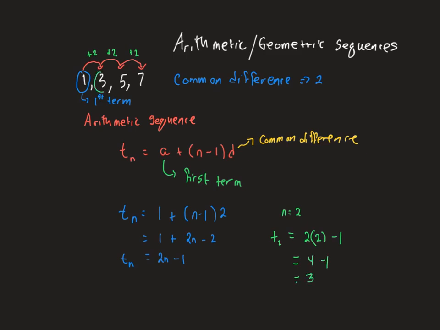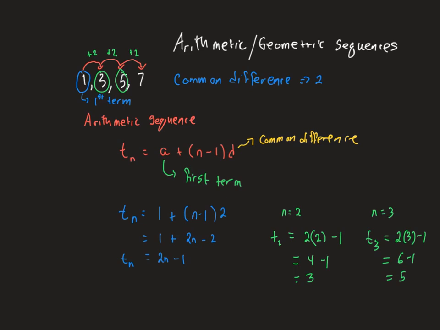You can see I got 3. And if I wanted my third term, well, you'd try n is equal to 3. 2 times 3 minus 1. 6 minus 1 is 5. So as you can see, the formula works for every single term inside this sequence.